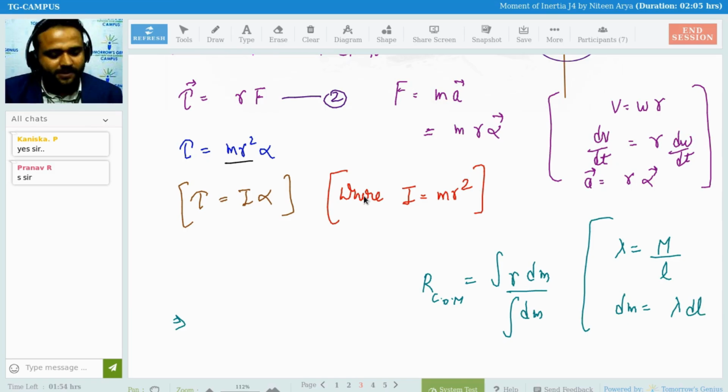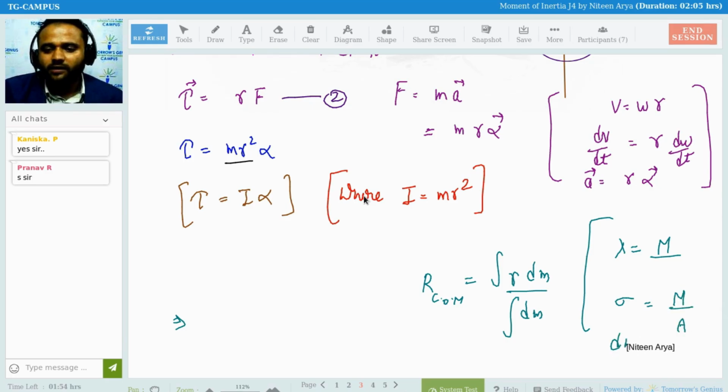Got it now? In the same sense, for a surface mass distribution, that is going to be total mass upon area. If I want to find dm for a two-dimensional body, that is going to be rho dA, small area for that two-dimensional body. In the same sense, it can be done for 3D also.